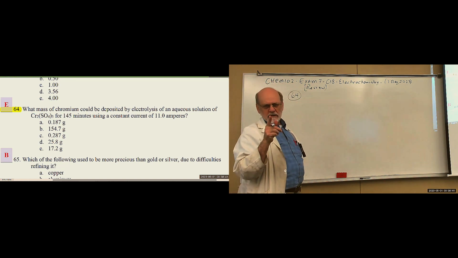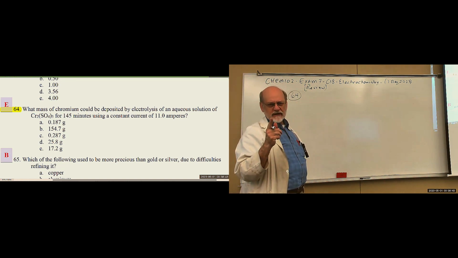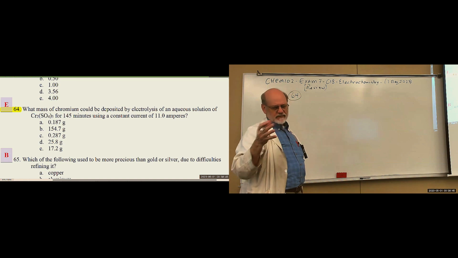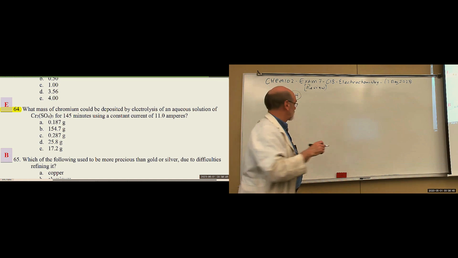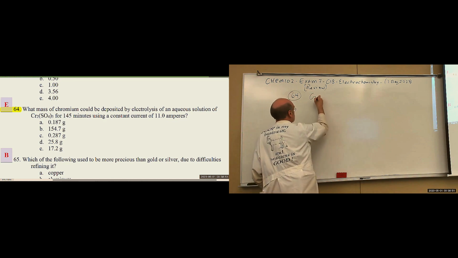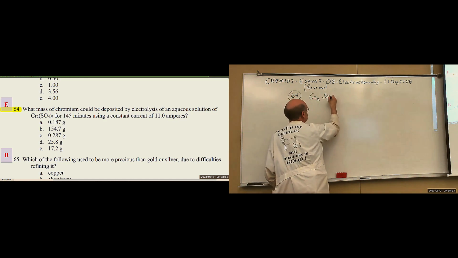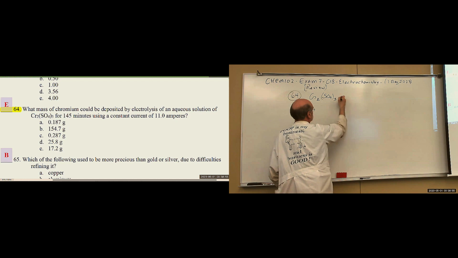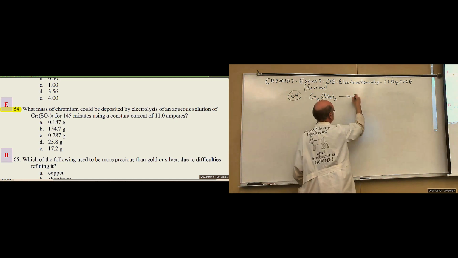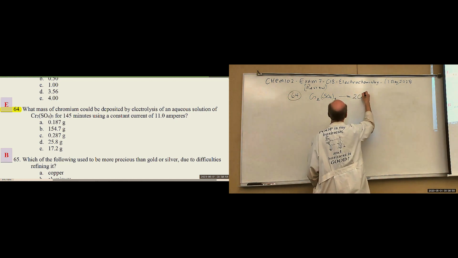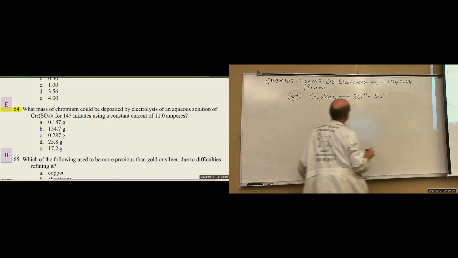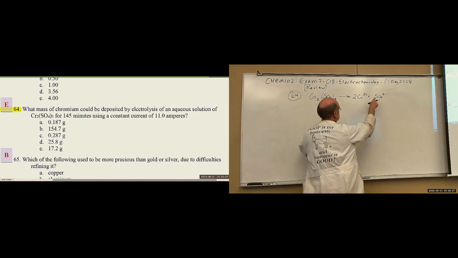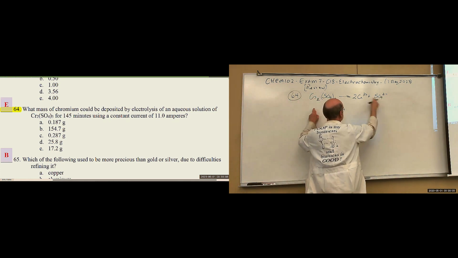All right, so sulfate is a spectator. What you've got here is chromium 3 sulfate in solution actually yields 2 chromium 3 plus and 3 sulfate 2 minus. Yeah, that's right. 2 comes over here, 3 goes over there.